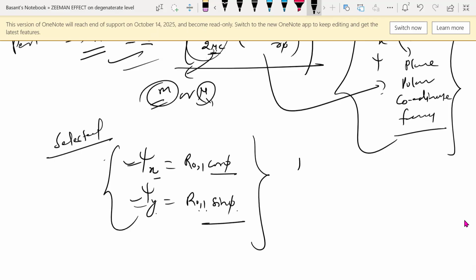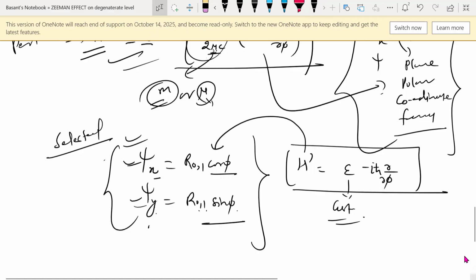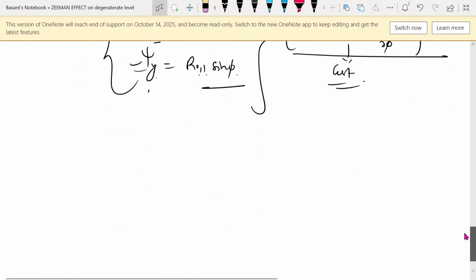And H dash is equal to epsilon times minus i h bar del by del phi, because epsilon is a constant term. So here there are two wave functions, and combined I have to apply the magnetic field on these states. So this becomes a degenerate perturbation theory problem.